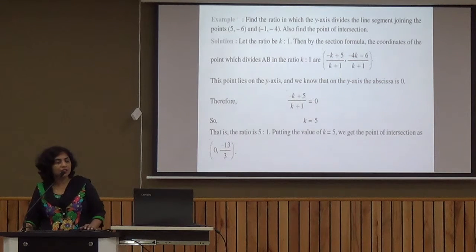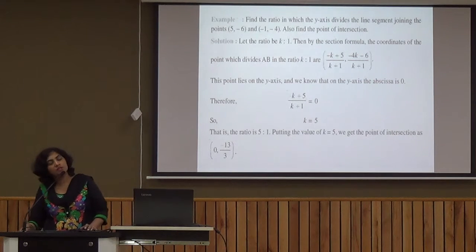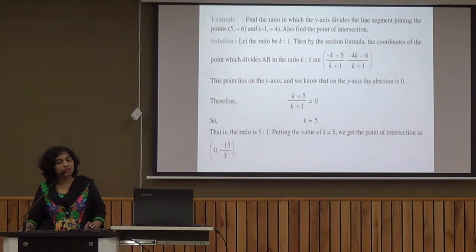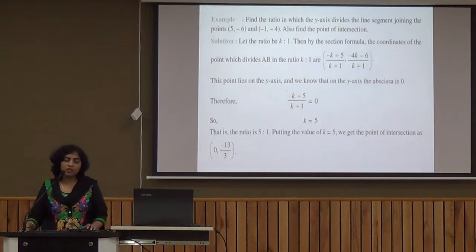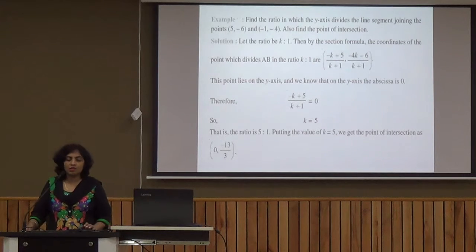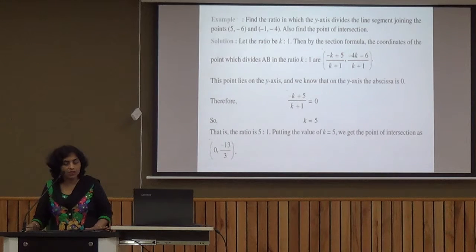Now let's take an example to find out the ratio when we know the coordinates. Find out the ratio in which the y-axis divides a line segment joining the points 5, minus 6 and minus 1, minus 4. Also find the point of intersection. So we take the ratio k is to 1 instead of m1 is to m2, so that we have only one variable k.